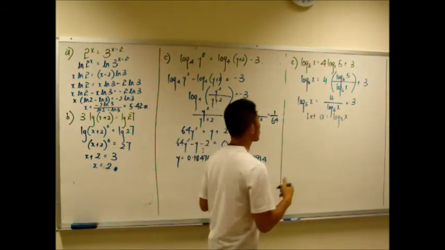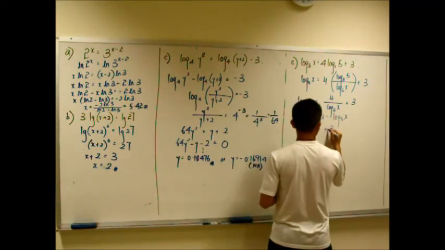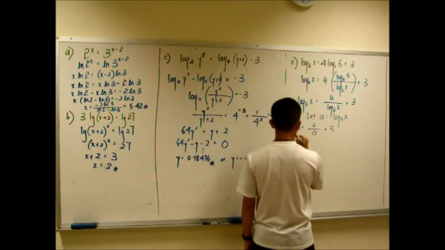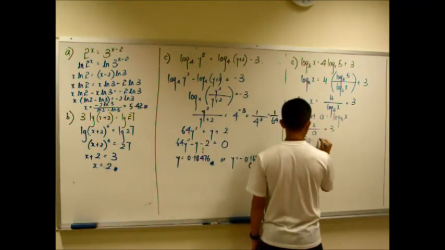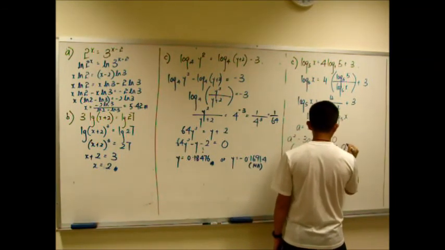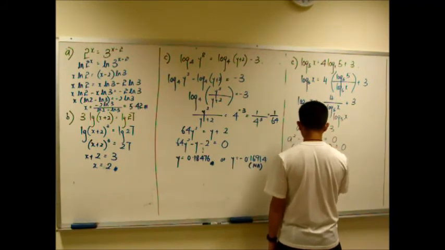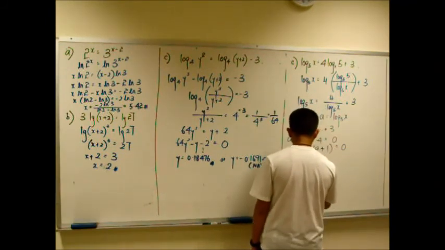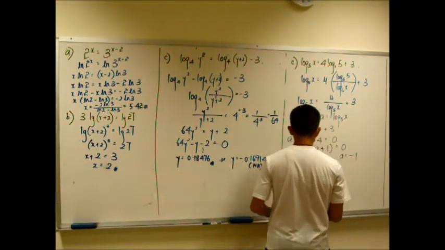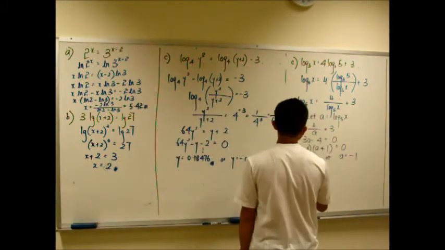With that, I would like to multiply everything throughout by 8. Do your normal factorization so that you can solve for zero product. You realize the value of A is either 4 or 1.